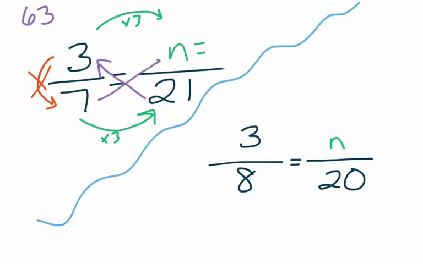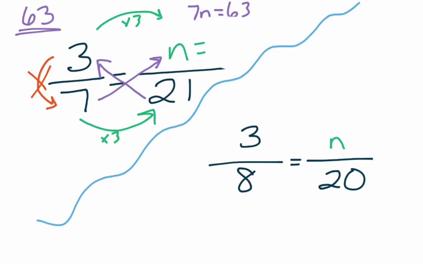So when I do my cross product here, I would do 7 times essentially n, and we've done a little bit of that so far this year. And what would that have to equal? Well, according to proportions, that would have to equal 63, because when you do cross products in a proportion, they have to equal each other.